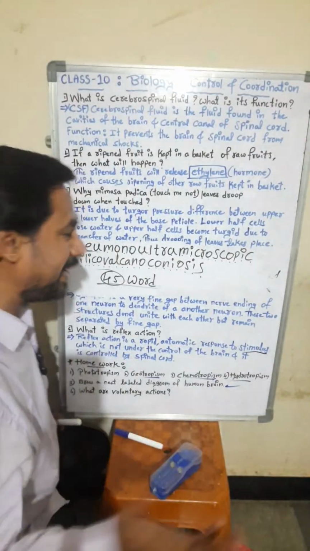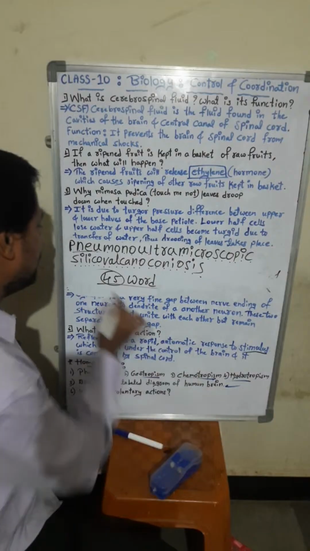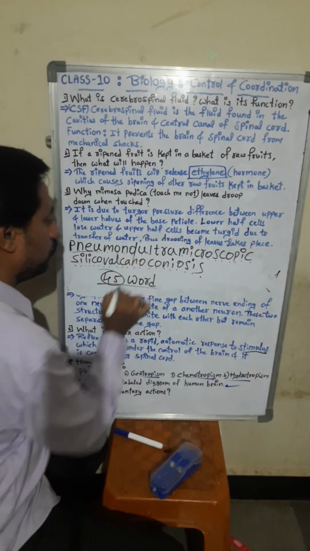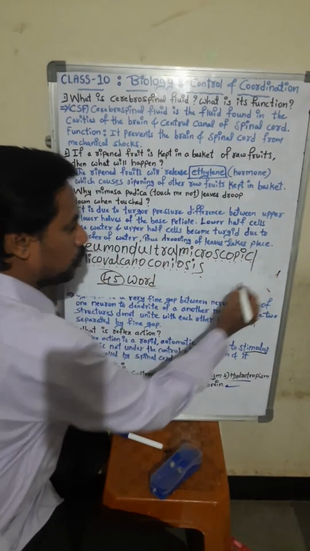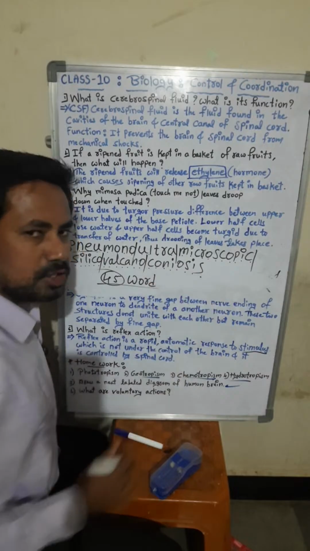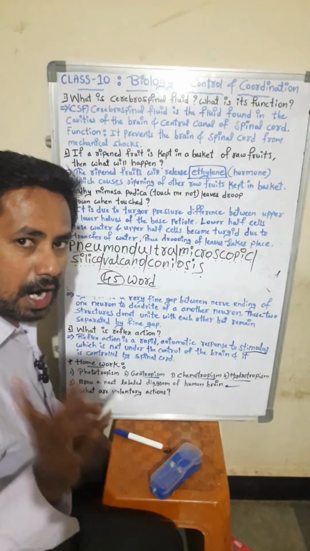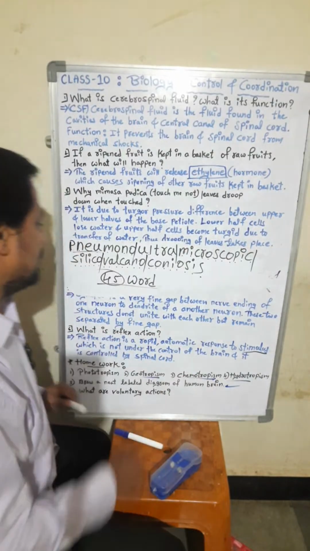How to pronounce it? Very easy, students. P will be silent. Pneumono, ultra, microscopic, silico, volcanoconiosis.